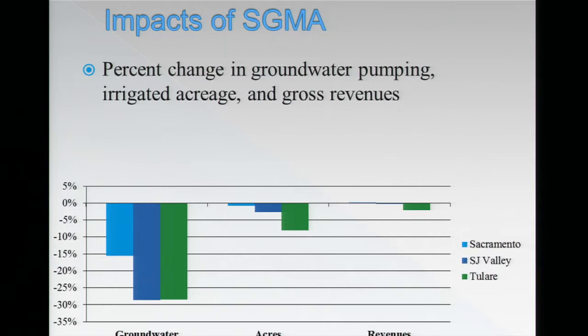And then the revenues, because the farmers are adjusting in all these ways and they're taking out the high water using low water value crops, and they're changing their technologies. The actual economic burden looks manageable. Certainly in the Sacramento and San Joaquin, not a problem. In Tulare, we've got to eat several $100 million.